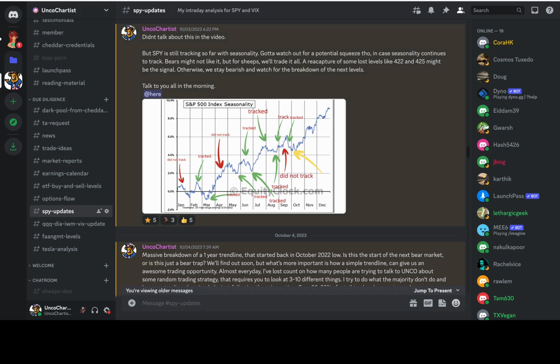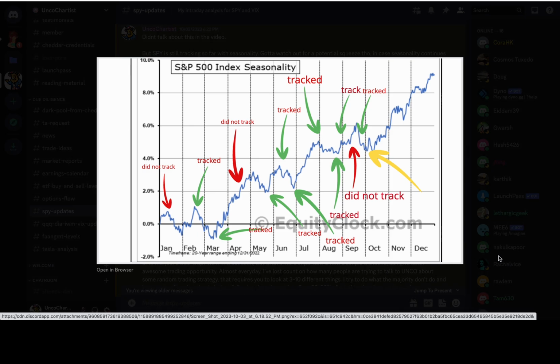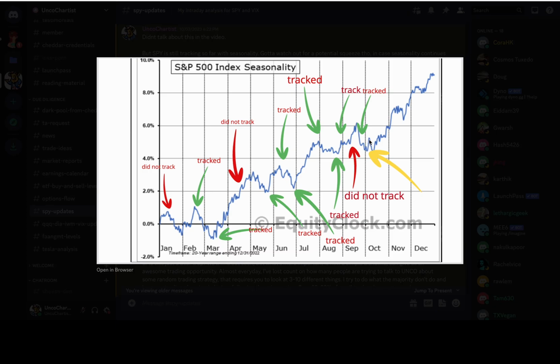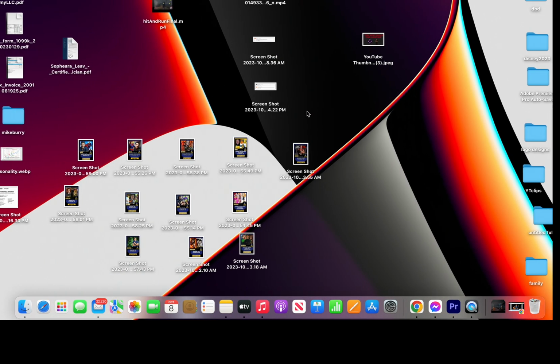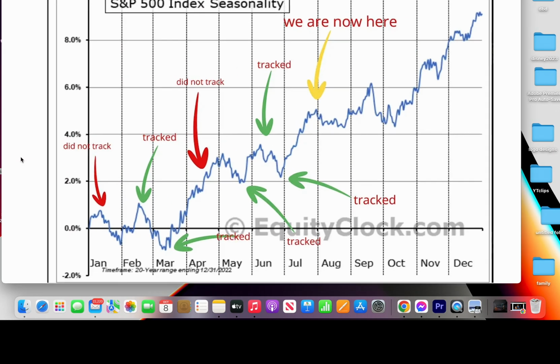Okay? So, we'll go to seasonality, right? At the time I wrote this, I have my yellow arrow pointing out to where we are now. And you guys can see, according to seasonality, we should have gotten a squeeze in the first week of October to the upside, followed by a drop back down to the downside. I got this yellow arrow blocking it. Let me show you on this, okay?